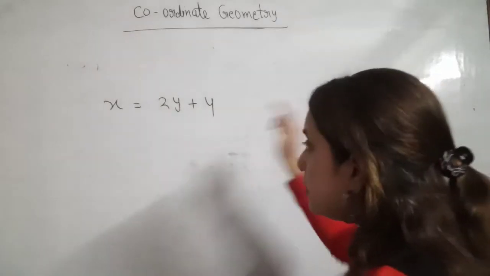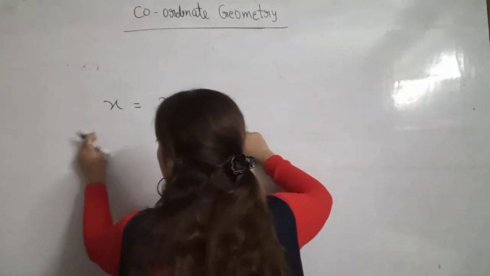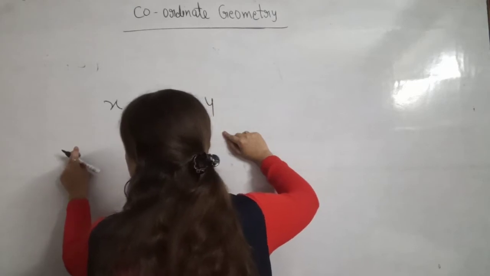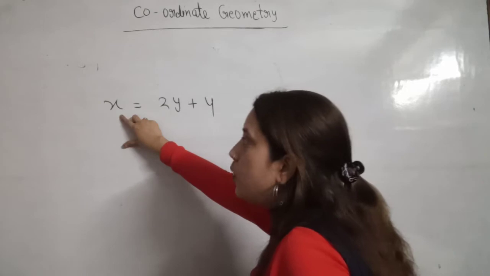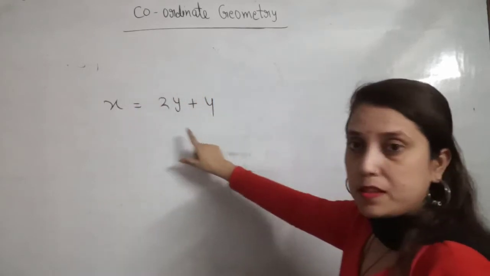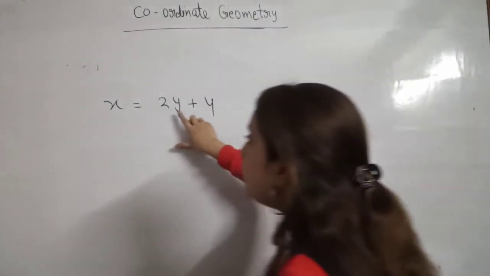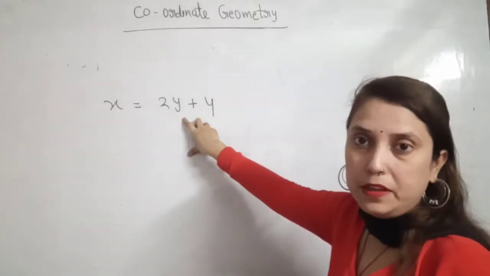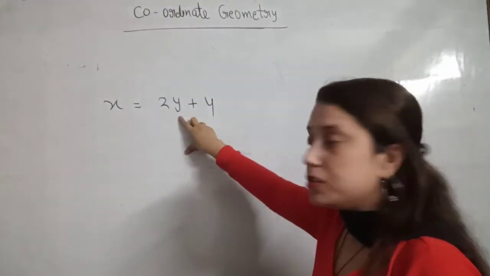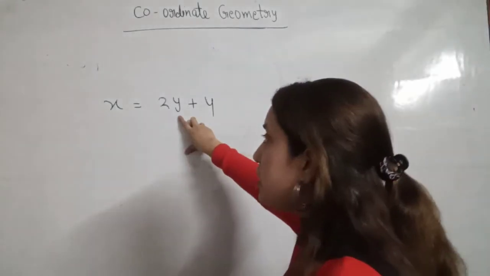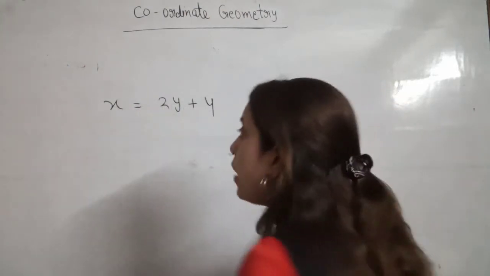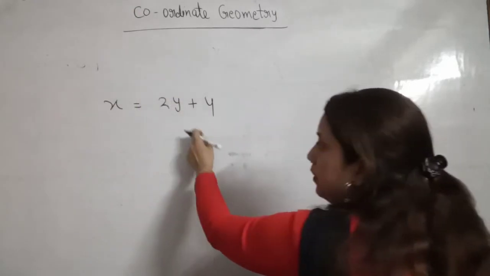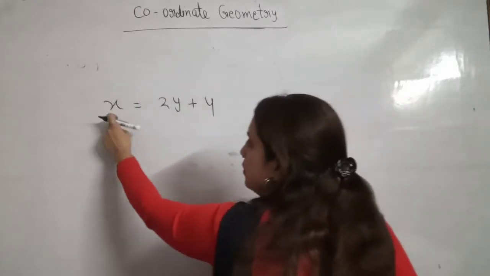In this equation x is called the dependent variable and y is called the independent variable. When we change the value of y, the x value will automatically change. So x depends on y. If we change the value of y, x will change.